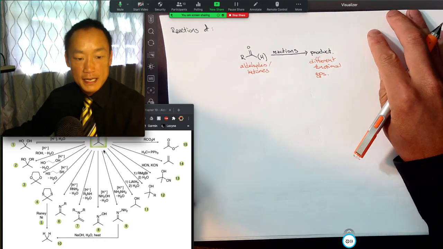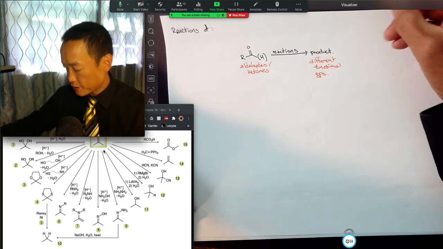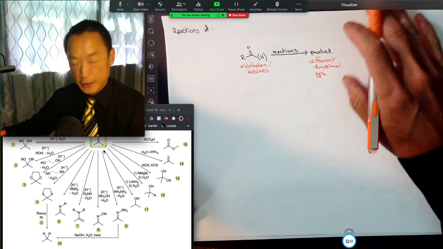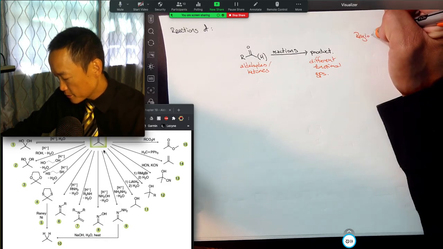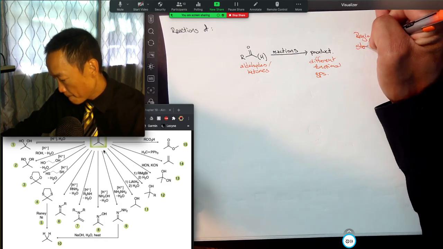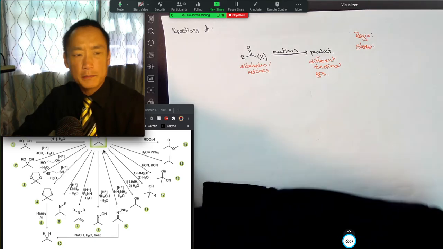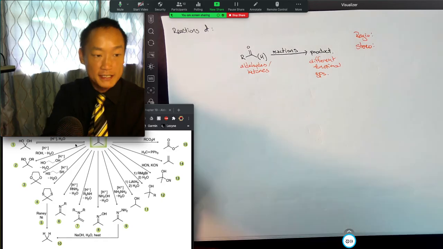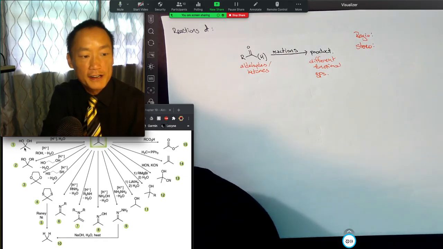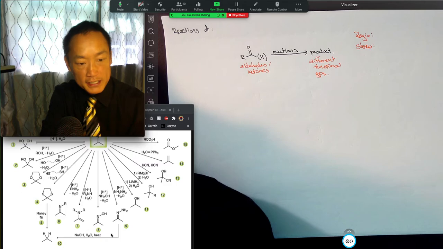We're going to have to then talk about the regiochemistry and the stereochemistry of these reactions. And that's going to be dependent on the subclass of reactions taking place. What I mean by that is, look at reactions 1, 2, 3, 4, 6, 7, 8, and 9.